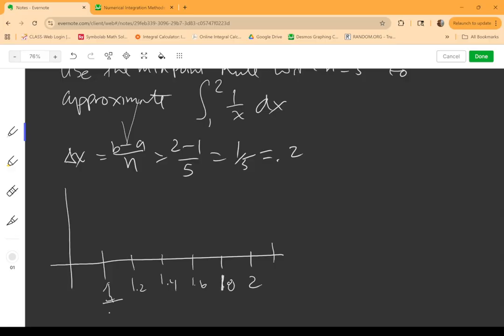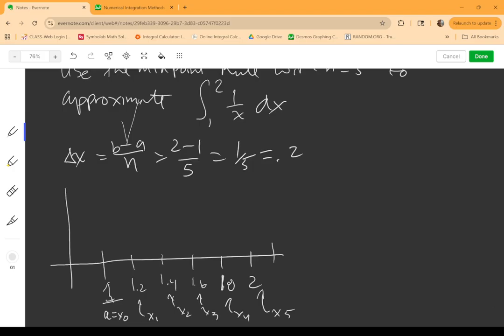Here we have our a, which we'll call x0. This one we'll call x1, x2, x3, x4, and x5, in the notation that we've developed here.